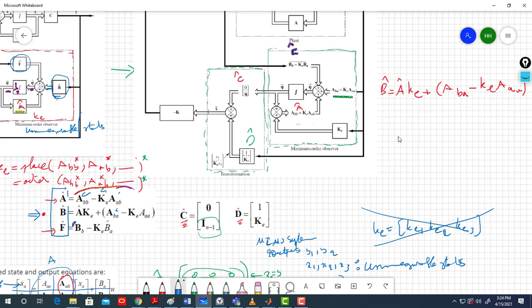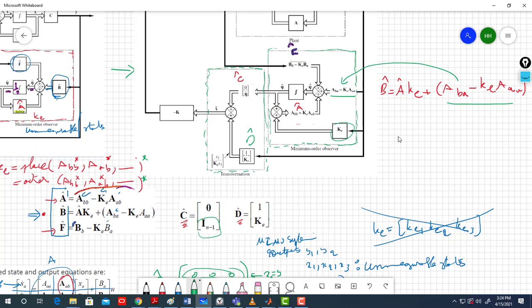But if you look here, it is not represented this way. It is ABA minus KE AAA, that's a term of B hat. And they have here A hat and they have here KE. So if you do some rearrangement of the block diagram, you actually get B hat. So you get something similar.